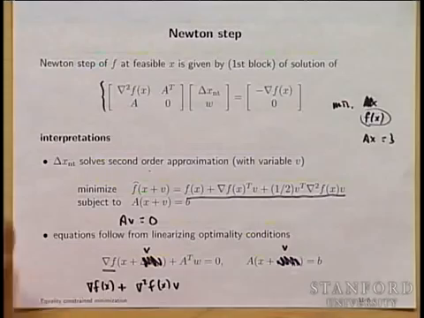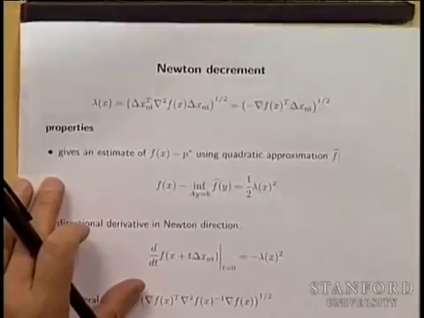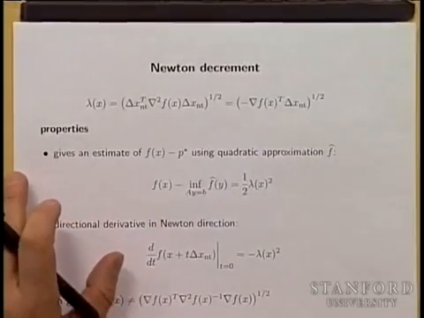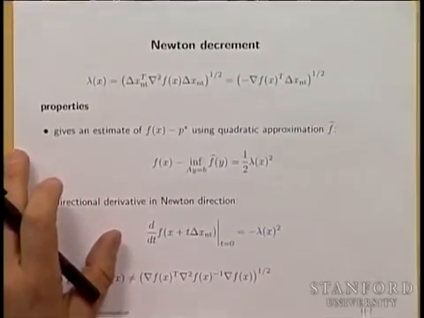So that's the Newton step for equality constraints. Now, in this case, there's a Newton decrement as well, and there are many formulas for the Newton decrement. I have to warn you, many, but not all of them, that are valid in the unconstrained case are valid in the constrained case. Some of them are invalid. So correct formulas are these. That's one. That's another one.